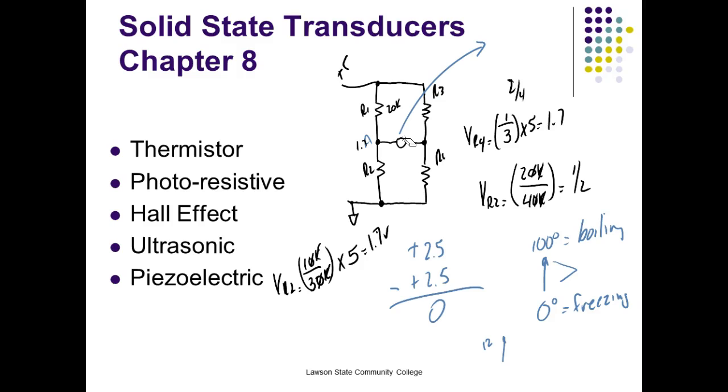So let's say I came over here and I had a thermistor and I wanted to get an output from it. Well, if I used nothing but a simple thermistor, and this right here was plus 12 volts, what would I always get across the thermistor?